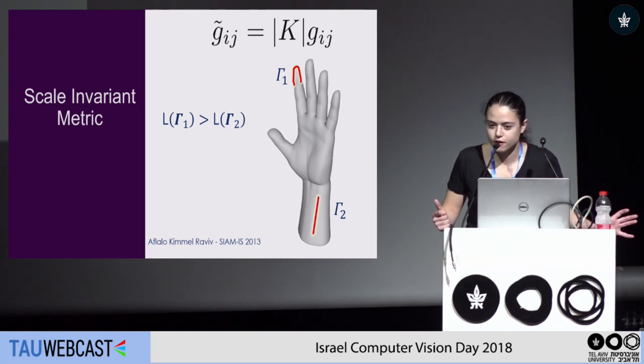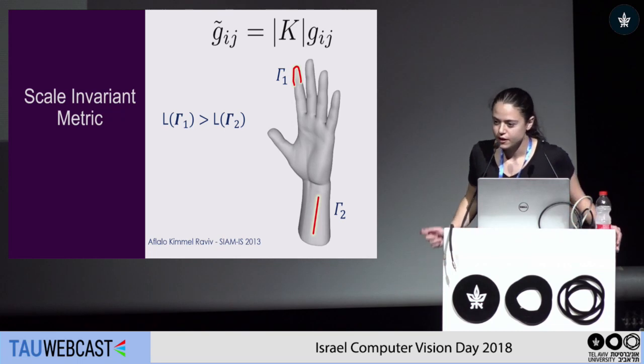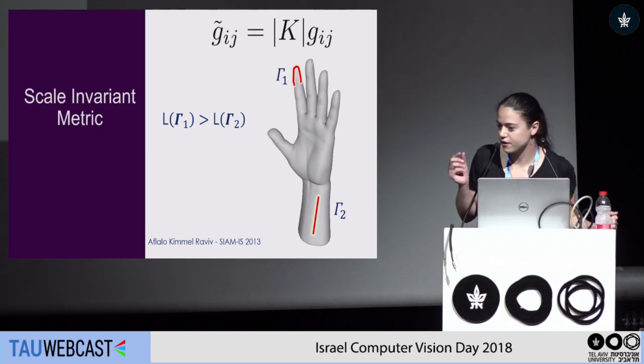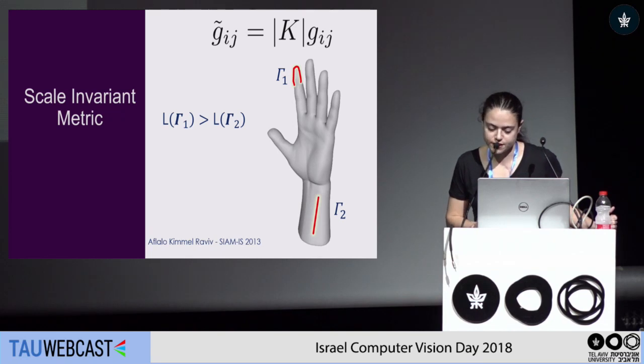So two points that are very close to each other from the point of view of the standard metric can appear far apart from the point of view of the scale invariant metric if they are in a very curved region. For example, we can see here gamma 1 and gamma 2.